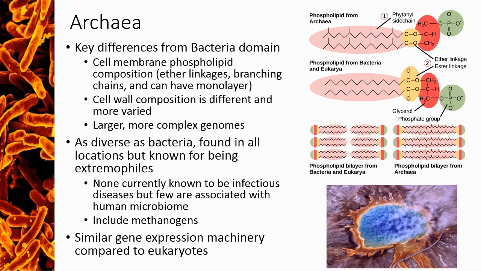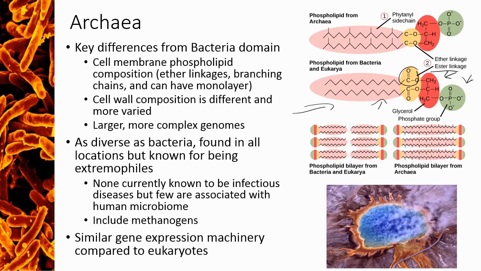The structure of the membrane phospholipids is one of the biggest differences. Bacteria and eukaryotes have a lipid bilayer that you've learned about in past classes. They contain phospholipids, shown here, that have a glycerol with a phosphate head group attached and two fatty acid tails. Those fatty acid tails are attached with an ester linkage.